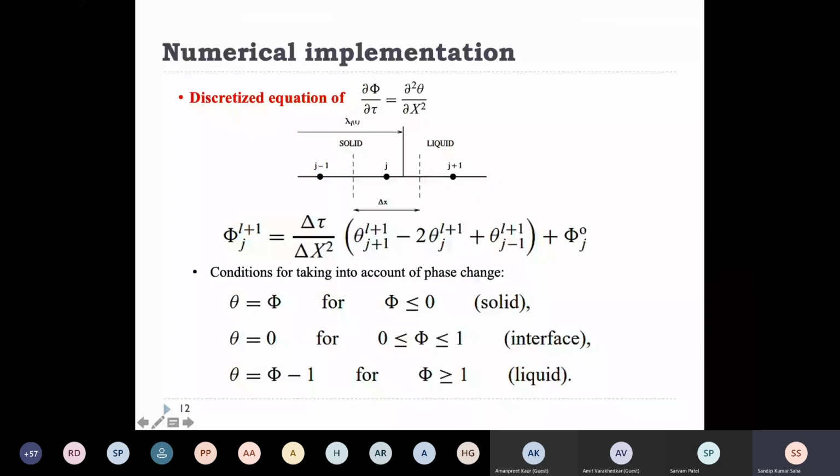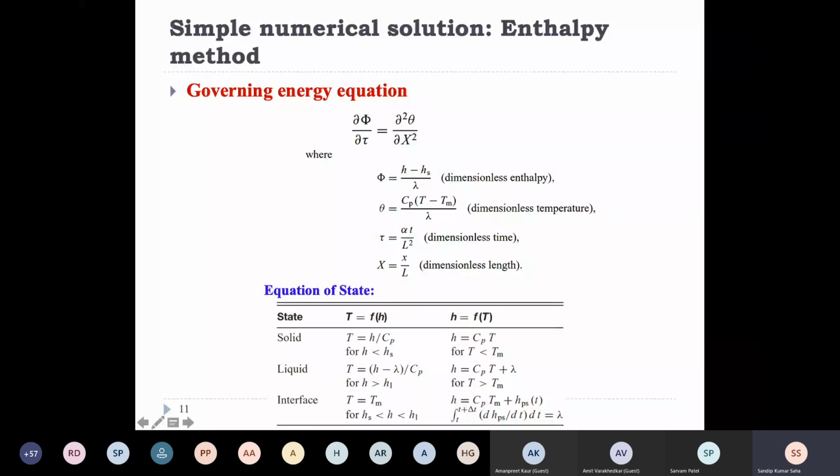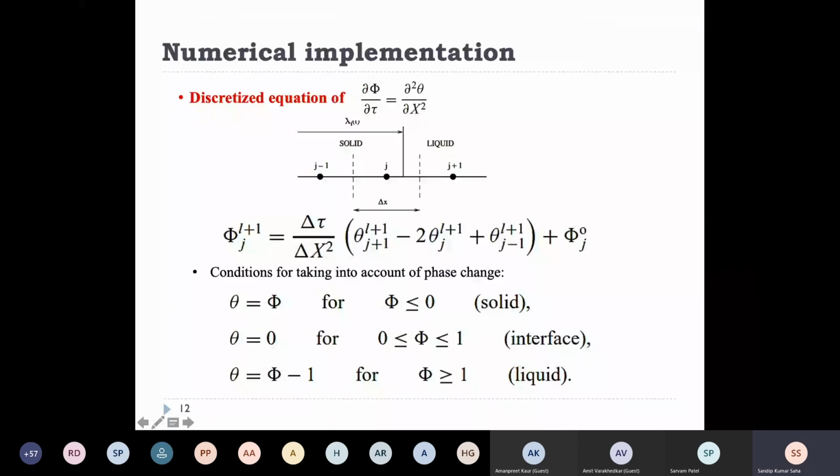Similarly, if you follow this logic, you will see that during melting T is equal to Tm, because I am assuming the material is a pure material where the melting is going on isothermally. So theta will be 0, that means theta is basically 0 during melting.